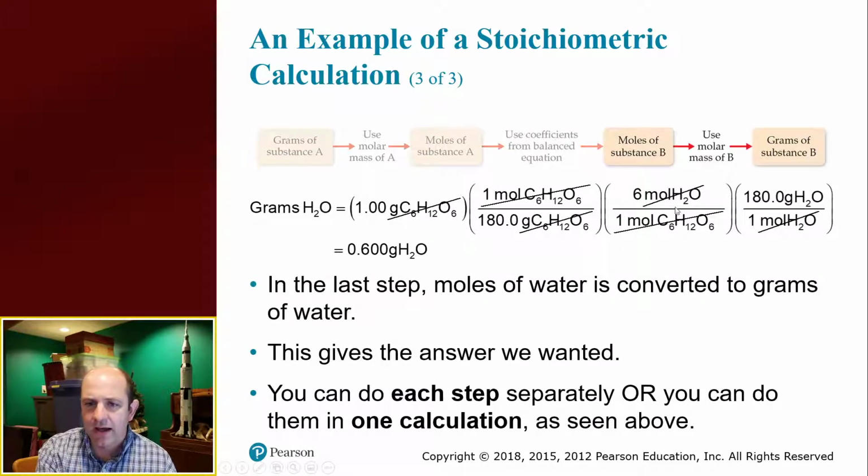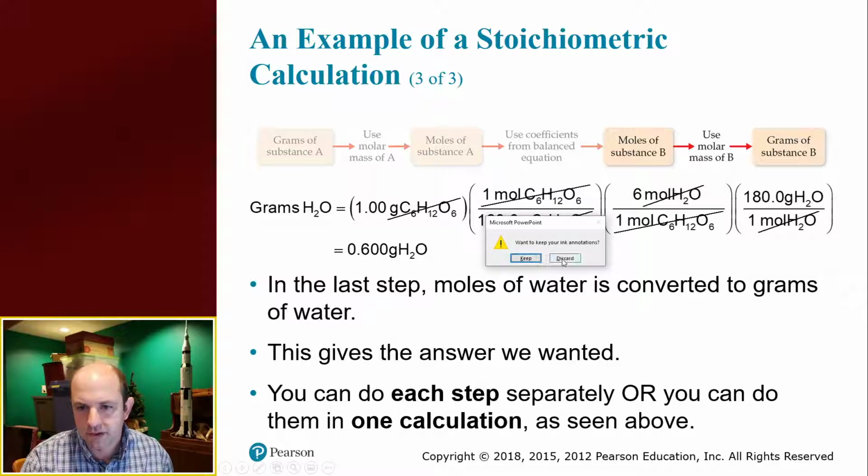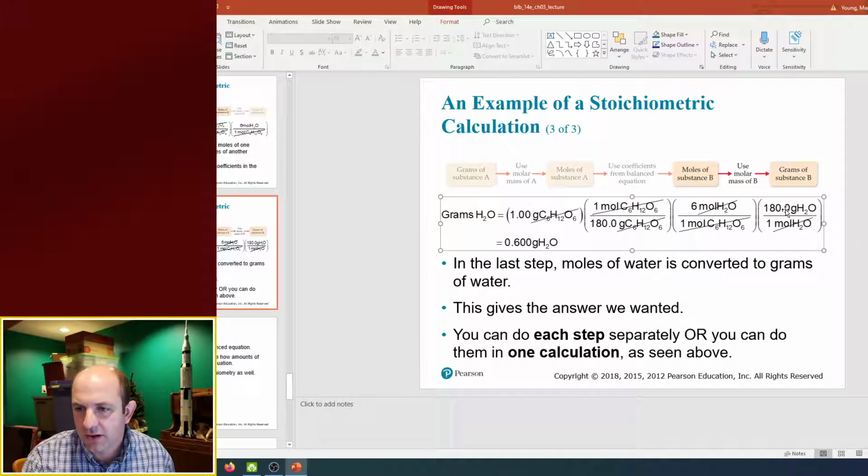All right. The last step is we want to go from moles of substance B to grams of substance B, so in this case water. So adding on this third conversion factor, since we were in moles of water, 1 mole of water goes on the bottom. There's another typo. Discard. I thought I checked all this before I started.